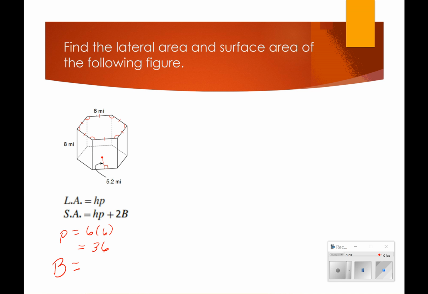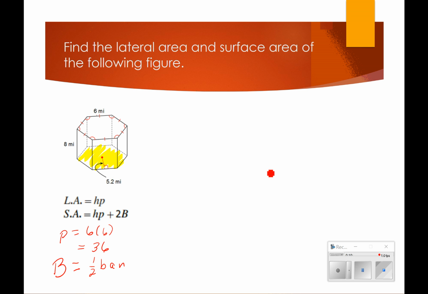So here is my base, and we find the area of that by 1/2 times the apothem times the perimeter, the base, the apothem, and the number of sides.